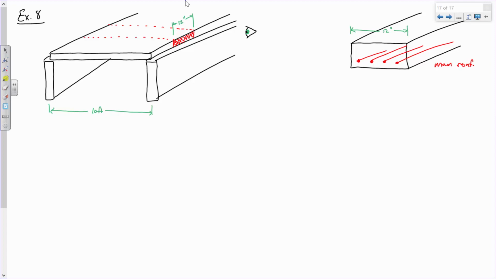When I start laying this out, this is going to be H, that dimension is going to be D. That should be pretty familiar notation by now, right? And that's for the main reinforcement steel. But we're also going to have another pattern of steel going crisscross in the opposite direction, going like this, that way. And that's going to be the temperature reinforcement.